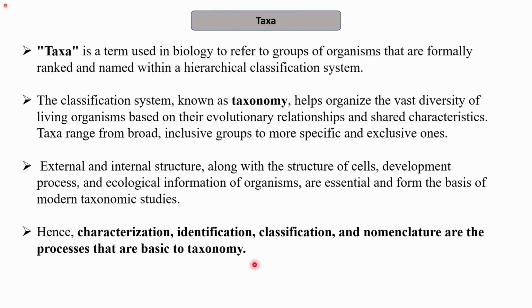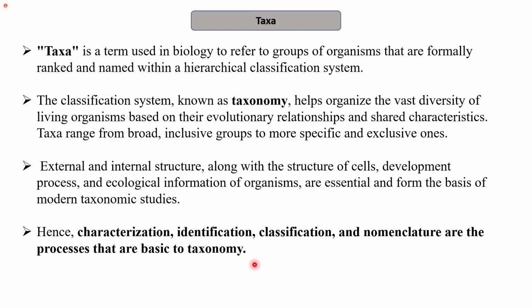Firstly, suppose I found an organism, I need to characterize that organism: this organism has this feature, this feature, this feature. After identification and characterization of that organism, I need to classify it under a particular group, and then after the classification, using the binomial nomenclature system, I will give a particular name to that organism.